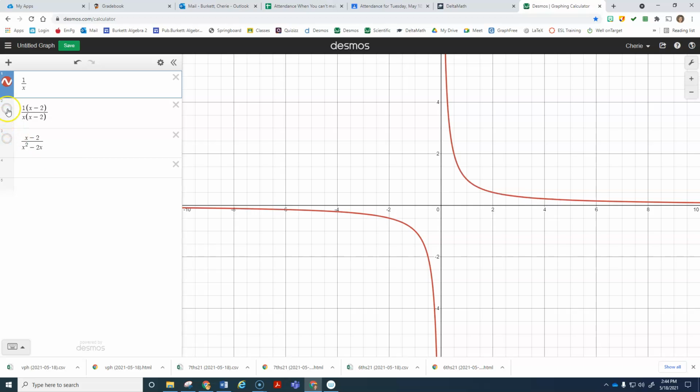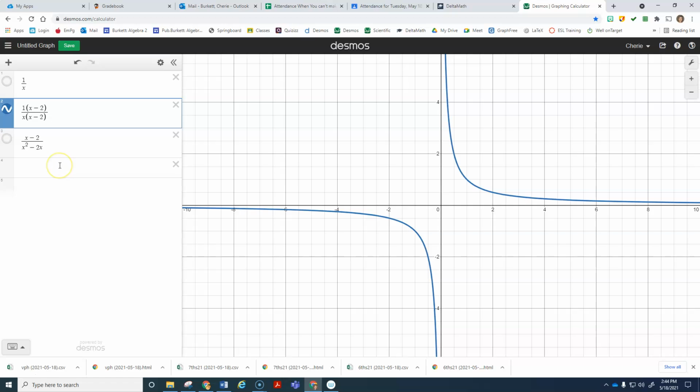Now, I'm going to turn this one off. You'll see when I trace this one, something odd happens right here at x equals 2. I have to get on there exactly, and of course it's going to be very hard for me to get on there.